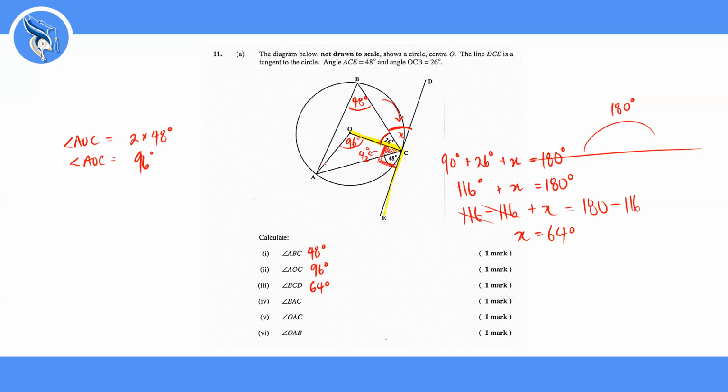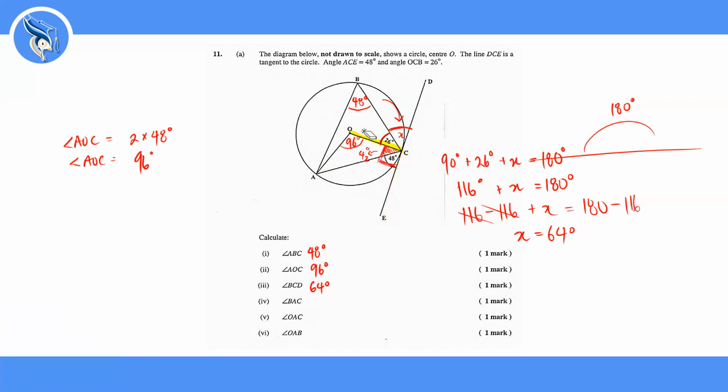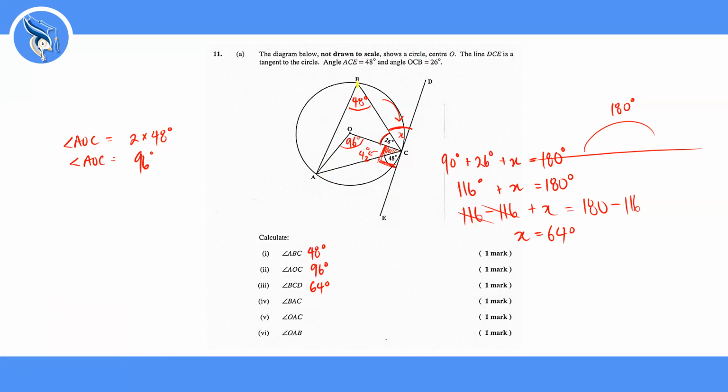Now they're asking for angle BAC. Again, this is an alternate angle. Let me label it for y'all. Now we just found BCD, and now they're asking you to tell what is BAC.